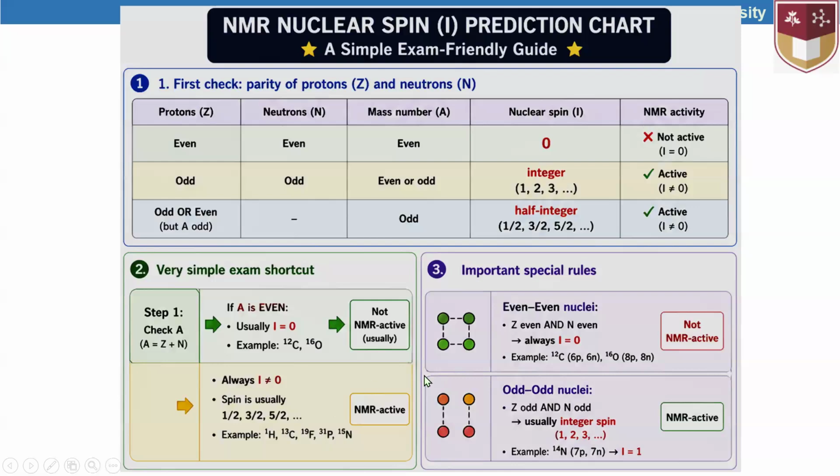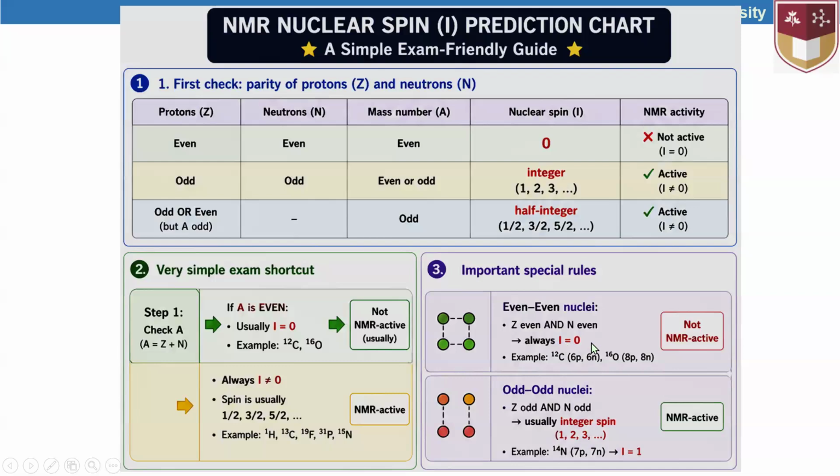I have to add here one more thing, that nitrogen 14 is also NMR active, as indicated here, because it has odd number of protons and odd number of neutrons in its nuclei. Okay, so this item, capital I, does not equal 0.